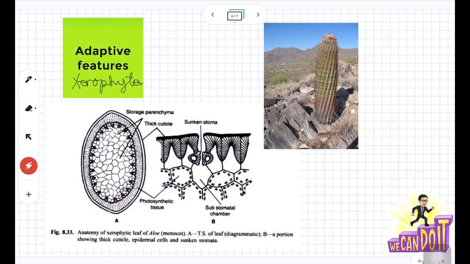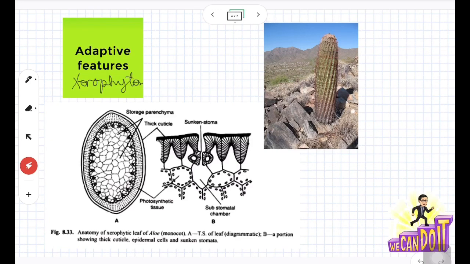Now let's move on with some adaptive features of xerophytes. So xerophytes are organisms, or plants rather, that survive with very little water, such as cactus. These plants have adaptive features which allow them to maximize water uptake and minimize water loss.